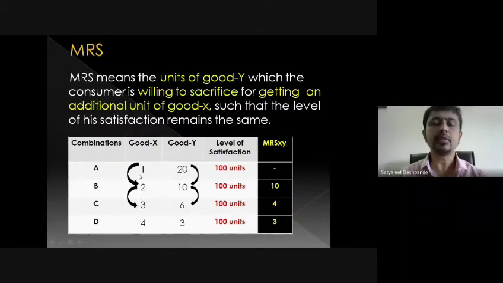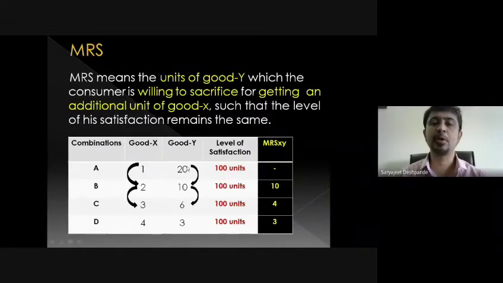So see, initially for getting one extra unit of good X, from 1 to 2, the consumer was willing to sacrifice 10 units of good Y. From 20, he was ready to accept 10 units of Y so that the level of satisfaction remains the same.